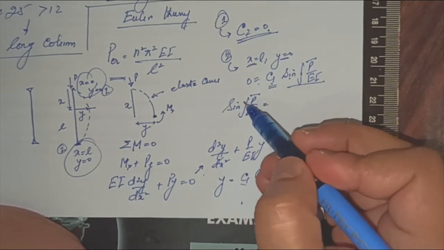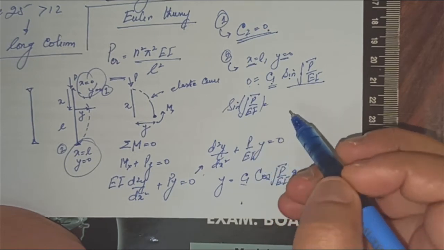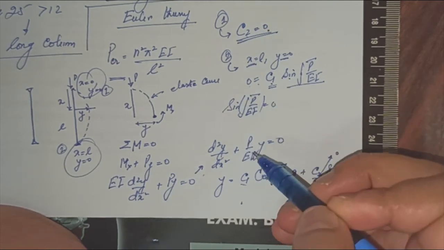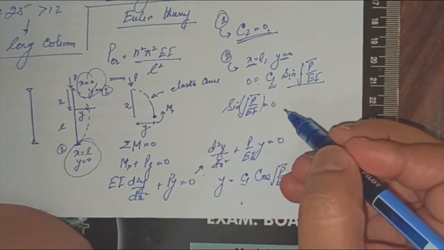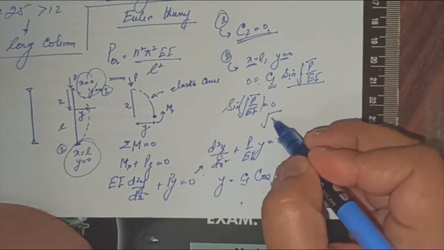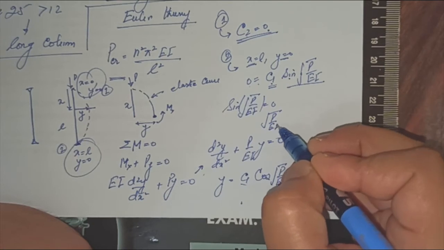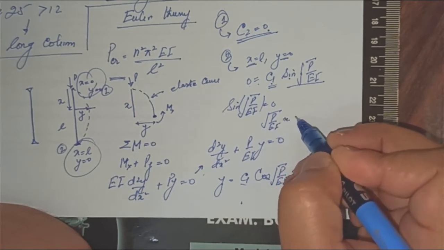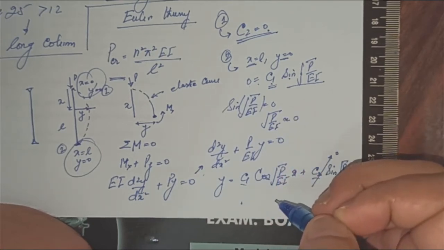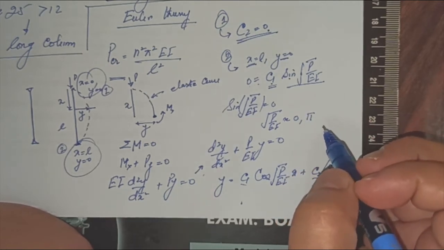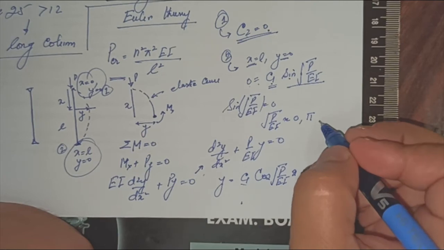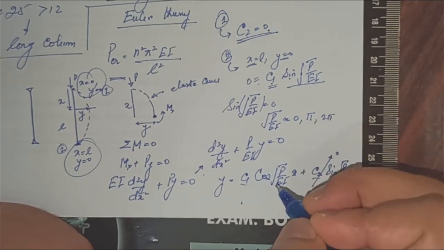In terms of sine, this can be equal to 0 only when theta is 0, that means square root of P upon EI is approximately 0, or it may be equal to pi, since sine 180 degrees is also 0, or 2 pi, 360, is also 0.